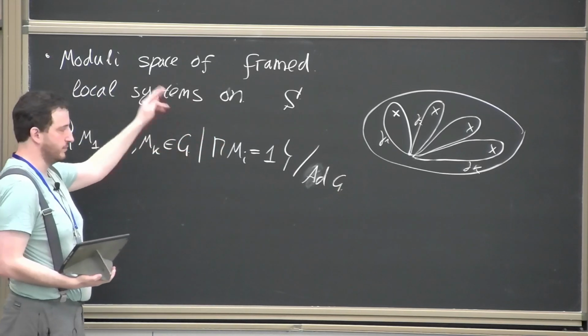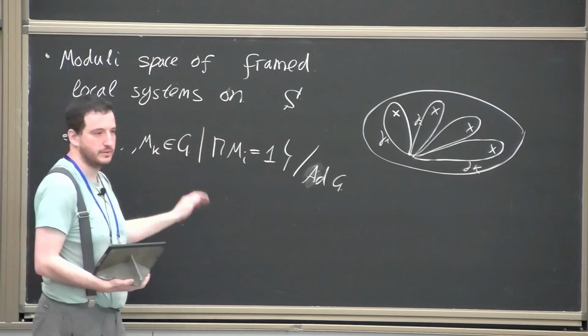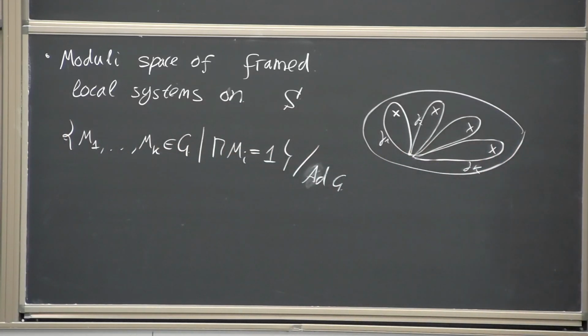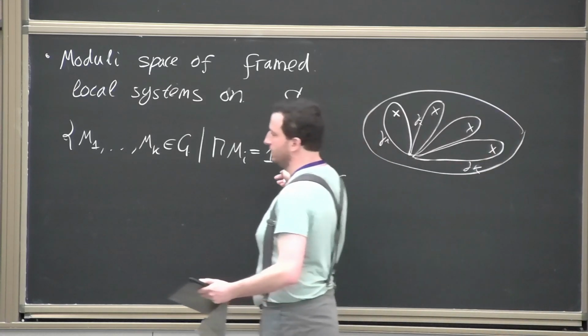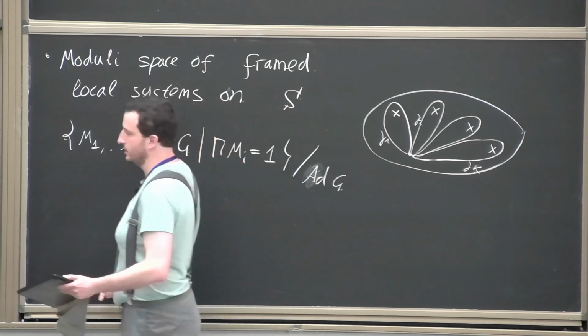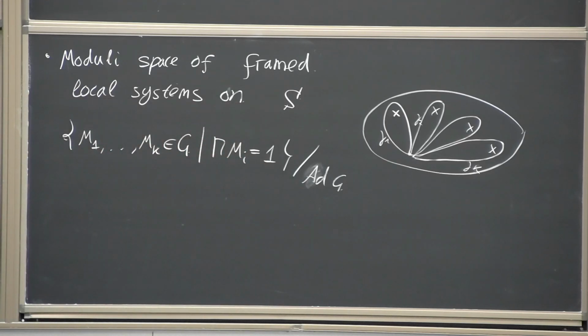So I gave you a genus 0 example, but other genuses also work if you have at least one puncture. And again, this is a multiplicative type example. So the data is in terms of the Lie group. So one can use it as a generalization of either these or these examples.